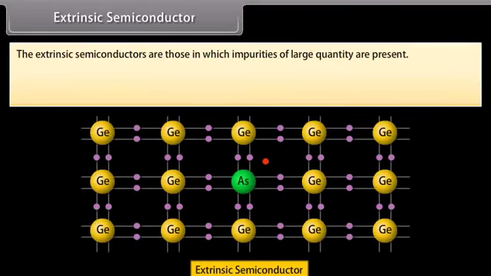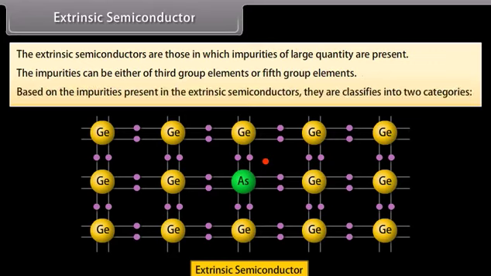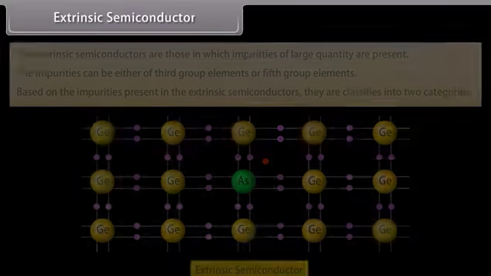Extrinsic semiconductor. Extrinsic semiconductors are those in which impurities of large quantity are present. The impurities can be either third group elements or fifth group elements. Based on the impurities present in the extrinsic semiconductors, they are classified into 2 categories.